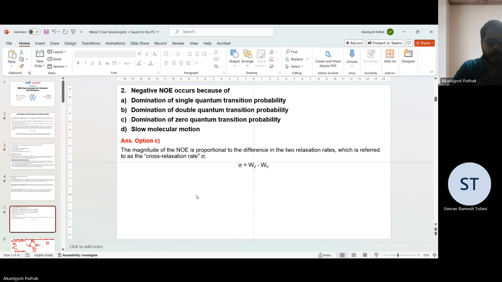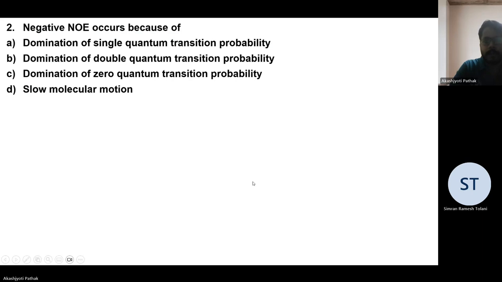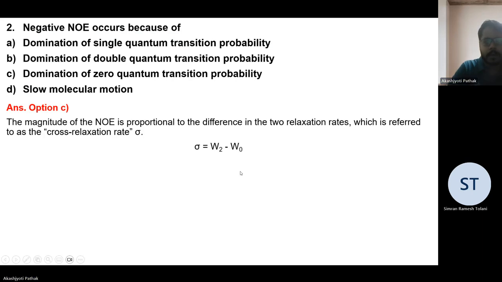If omega 0 is more than omega 2, then there will be negative NOE. And if omega 2 is more than omega 0, then there will be positive NOE.